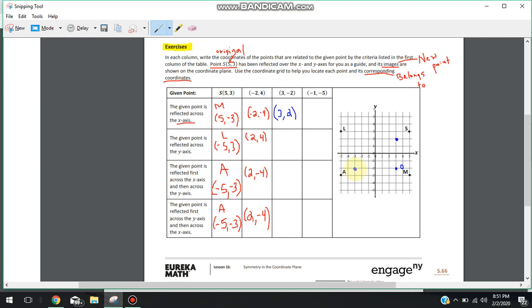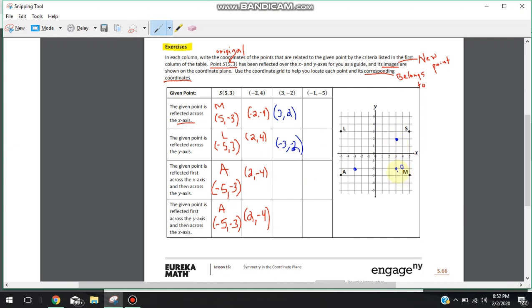And this would be my new point. Coordinates are -3, -2.